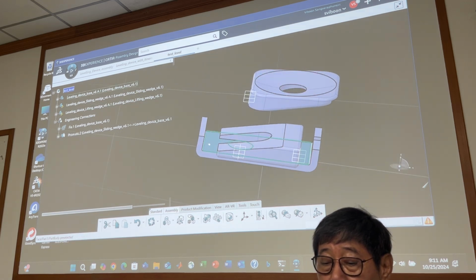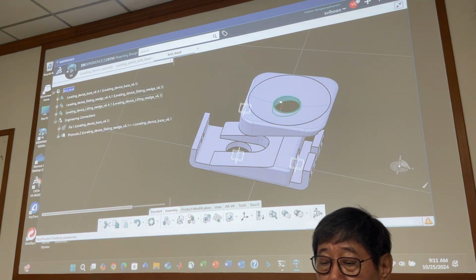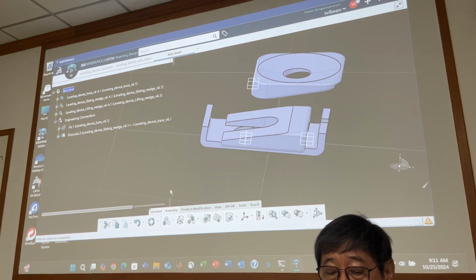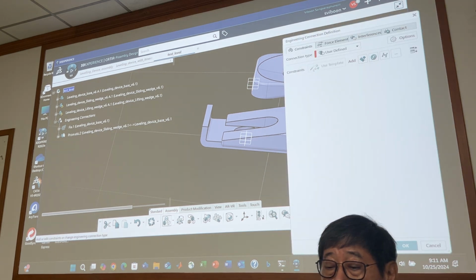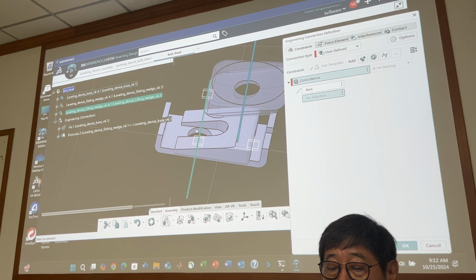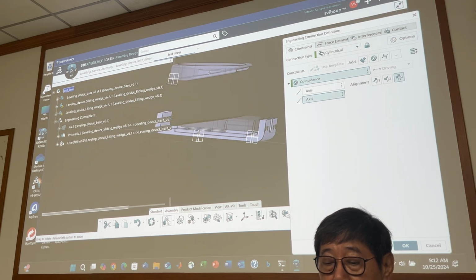Between this and this, we do have this and this aligned, right? So let me add this one. Let me make coincident between this one and this space, right? Okay, so we have this one.